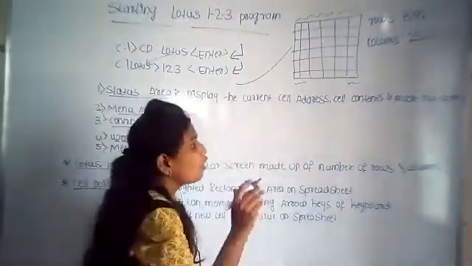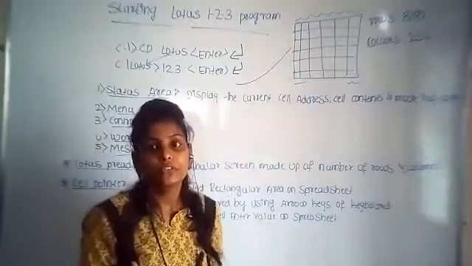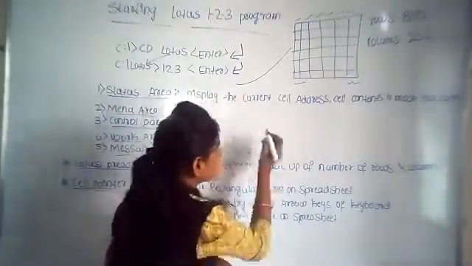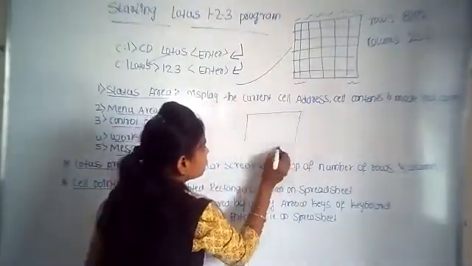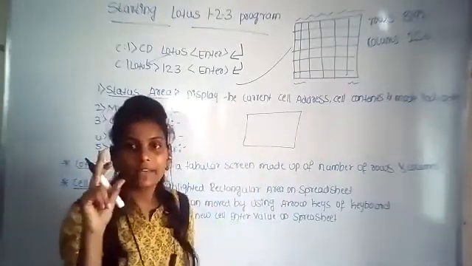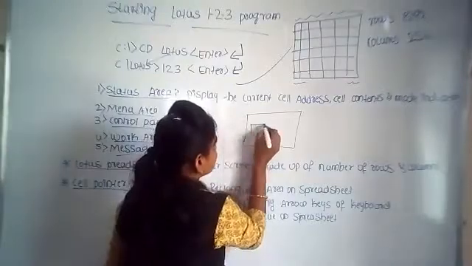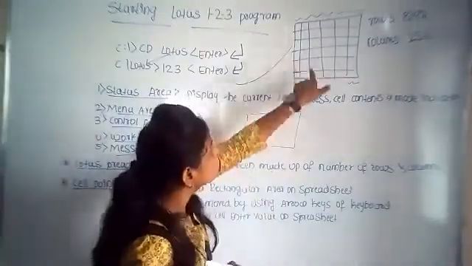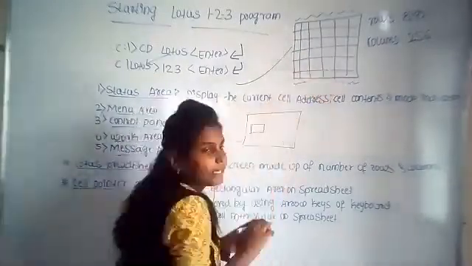I already explained that when a spreadsheet is open, by default one cell is active. These are the rows and columns.